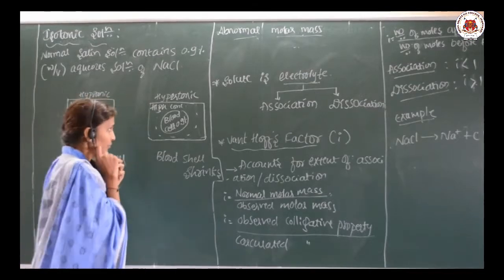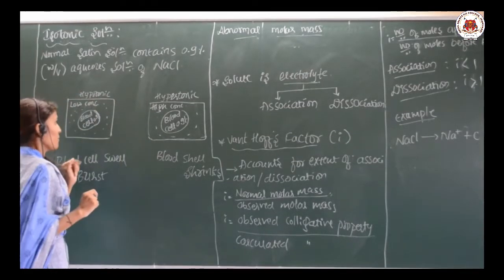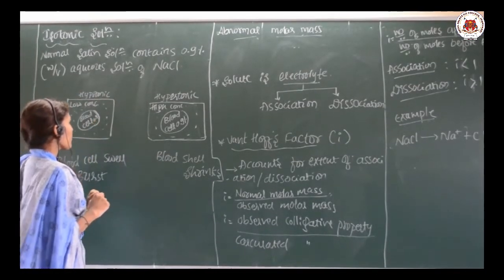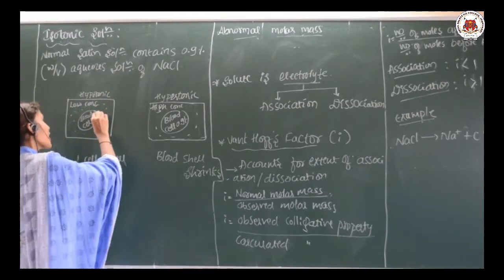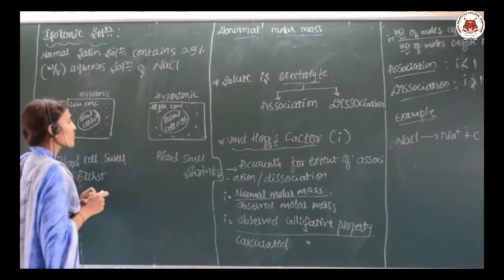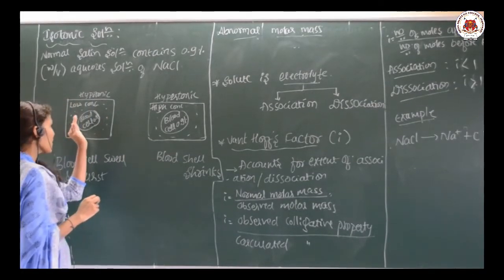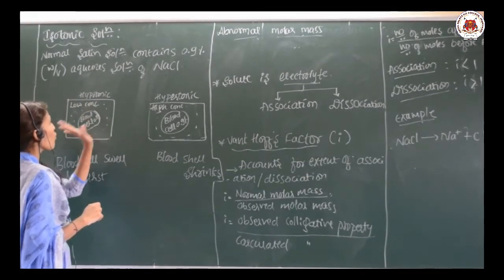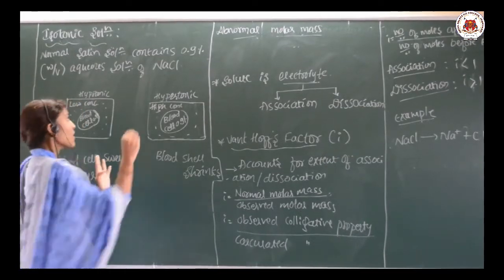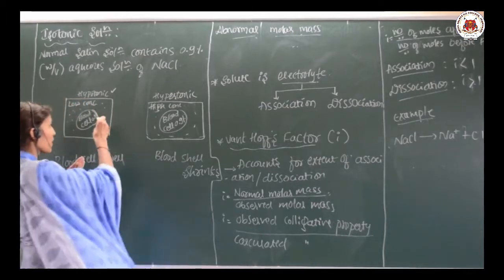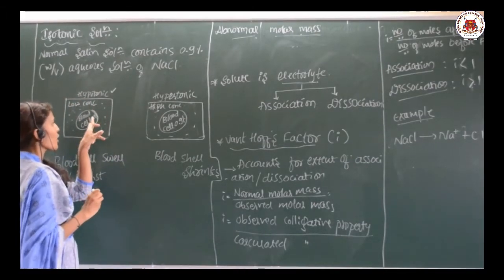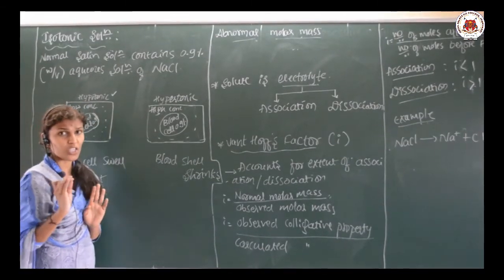Now, if the blood cell, which has 0.9% concentration similar to normal saline, is kept in a low concentration, that is a hypotonic solution, the lower concentration is outside and inside there is 0.9% concentration.